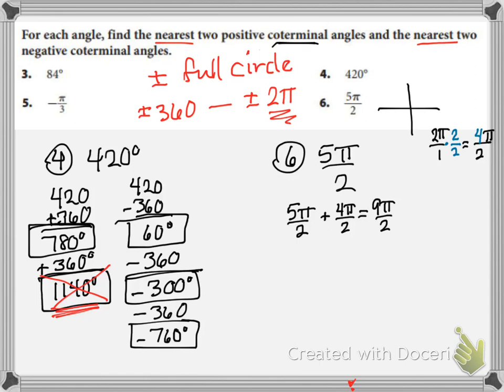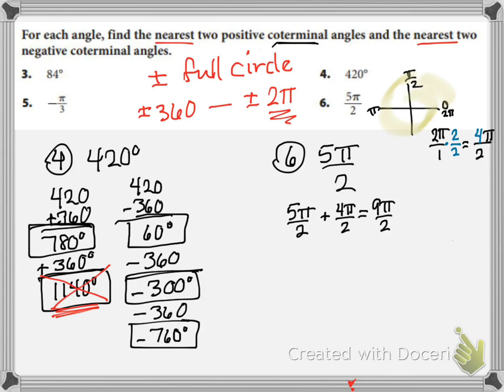This is 0. This is also 2 pi. So this would be pi. If I'm splitting it in half, this would be pi over 2, and we'll get into more of that later. This would be 1 half, 2 halves, 3 halves, and 4 halves.